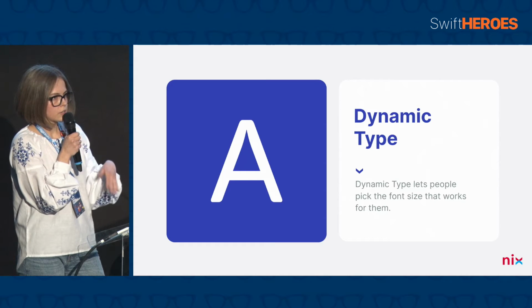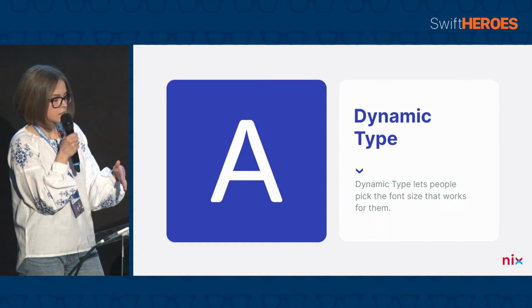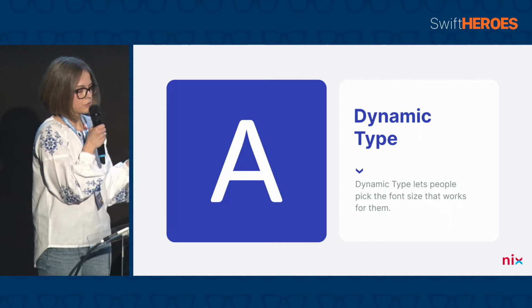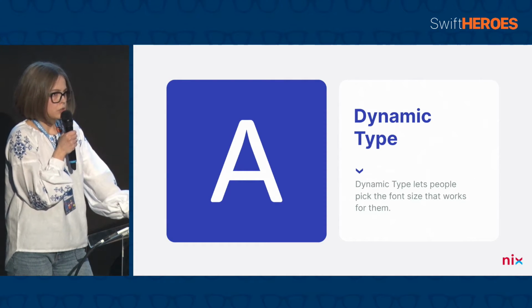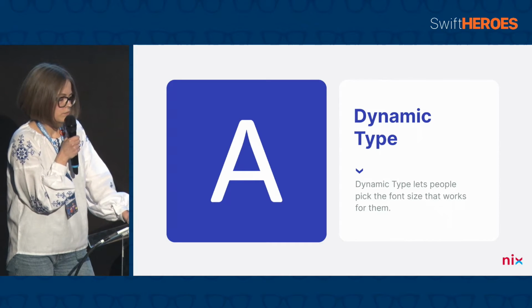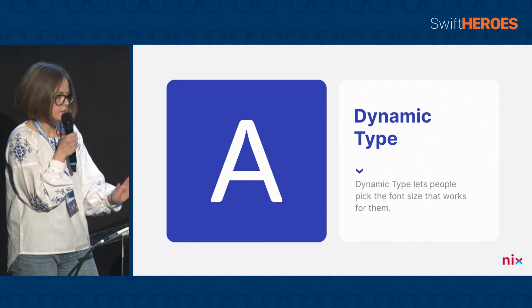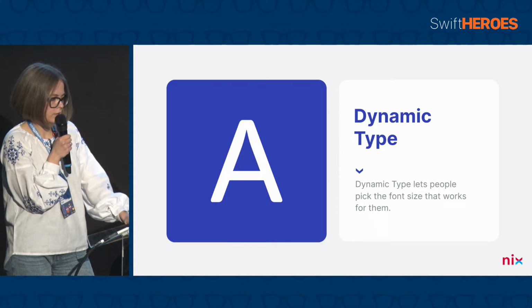Some of these styles are already in the iOS SDK. They use the San Francisco typeface. But you can create your own using your custom fonts and custom sizes and weights of lines.